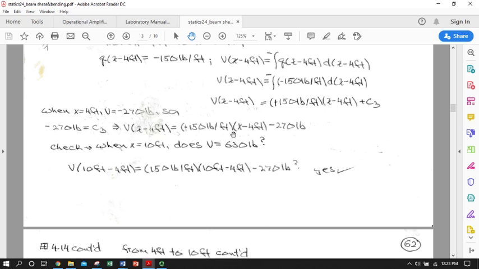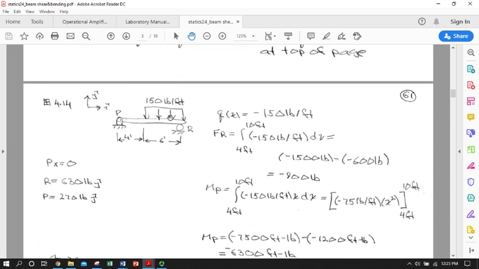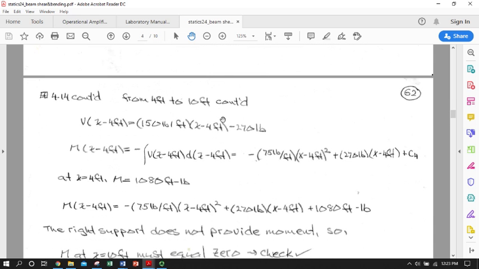So shear was going up. If I wanted to know where the shear force in this beam was a maximum, it was a maximum right before I hit the right hand support. That's where I would need the most transverse reinforcement.